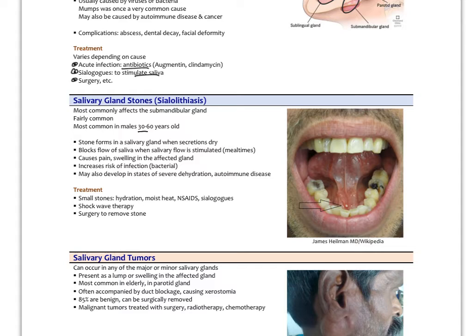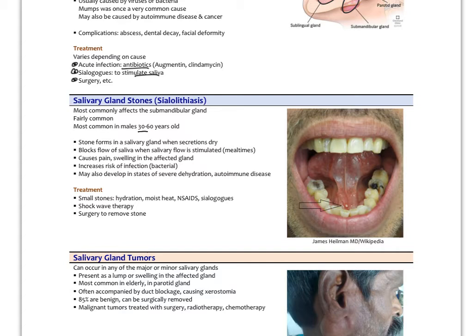This causes pain and swelling in that affected gland, and increases the risk of bacterial infection because everything's static, not flowing well. Things like severe dehydration and autoimmune disease, which can create scarring from the inflammation in the passageways in those salivary gland ducts, can predispose to stones as well.